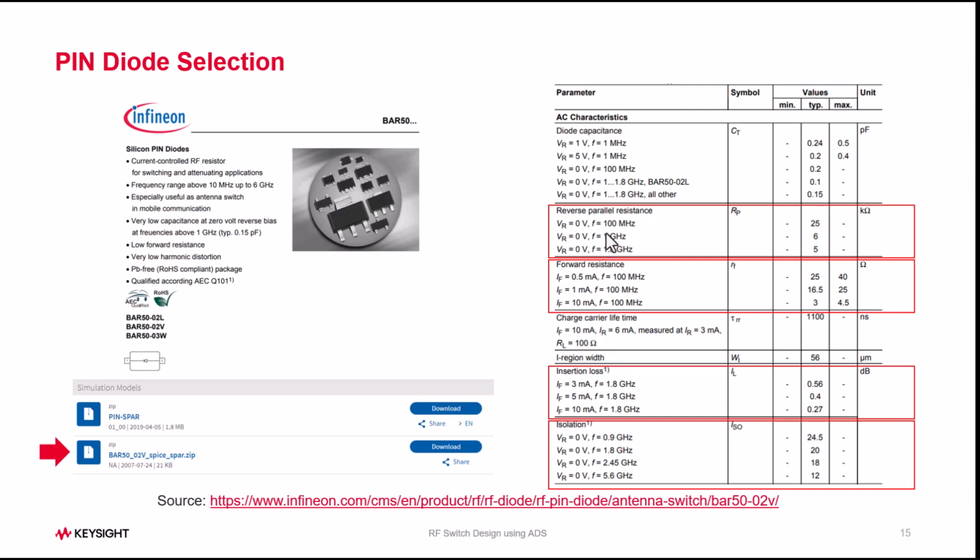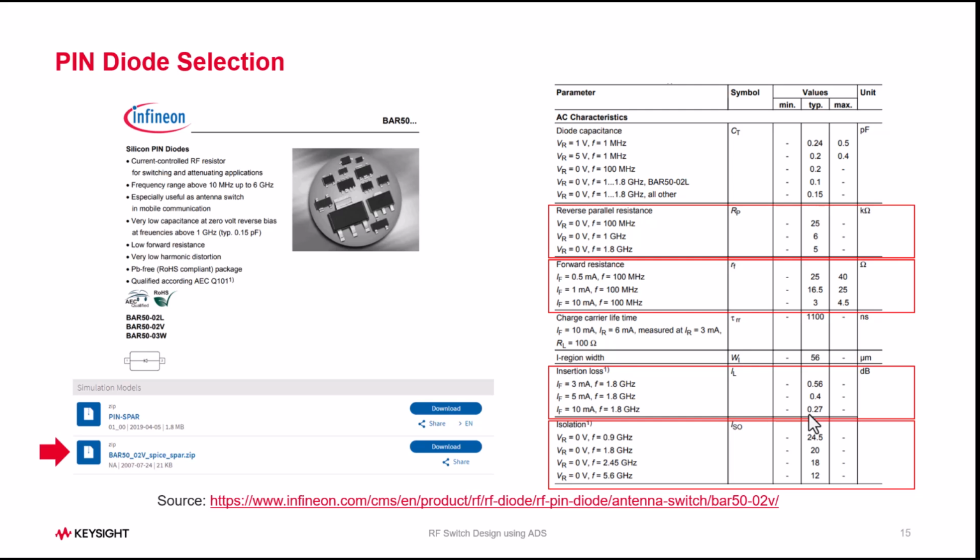Also, when you look at the datasheet, I have highlighted some of the key specifications which you can look for, and that can give you an initial idea about the suitability of using this product in your design. In our case, if you think about insertion loss, which directly means the loss through the diode for your RF signal, you can see as you increase the bias current or DC current through the diode, your loss reduces.